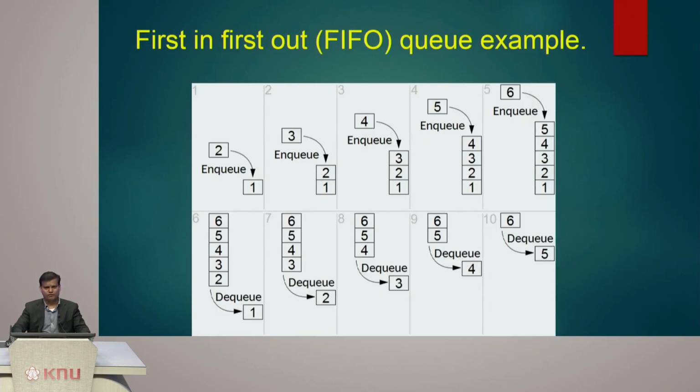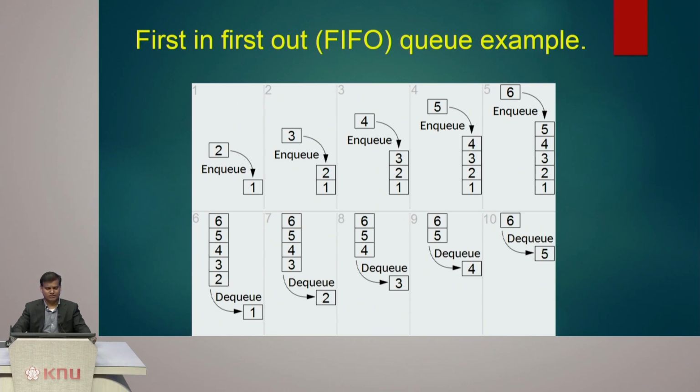So the queue follows the first in, first out model. Sometimes it's said as first come, first serve. Whoever comes first gets served. The first customer gets served.